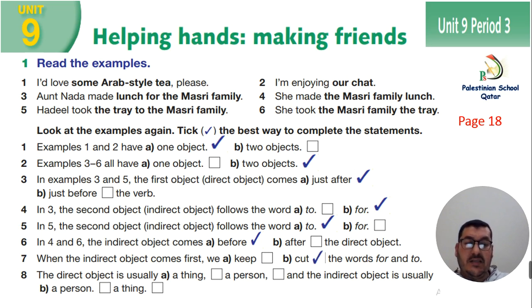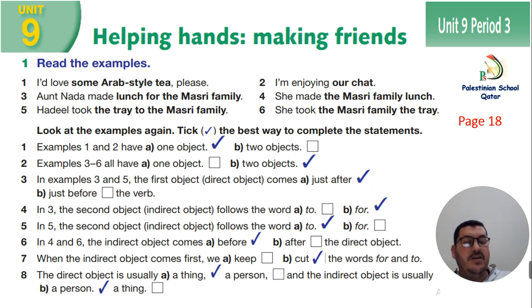Yes, we cut them. Number 8, the direct object is usually a thing or a person? The direct object is usually a thing, and the indirect object is usually a person, of course.